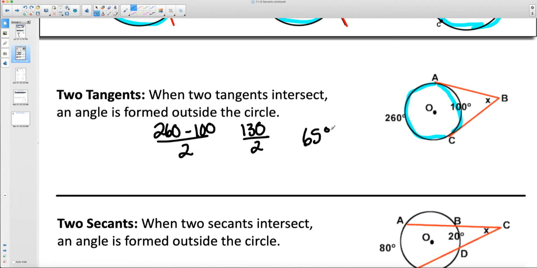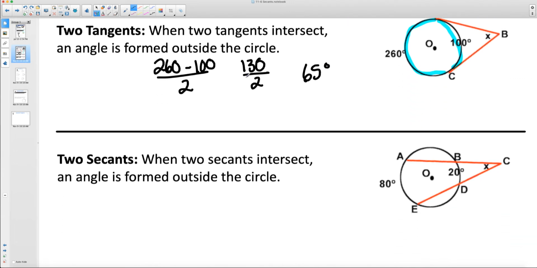So angle B is 80. If we look at our next one, that's one created by 2 secants. They intercept arc AE, and arc BD. So once again, it's going to be arc minus arc divided by 2. So 60 divided by 2, which is 30 degrees.